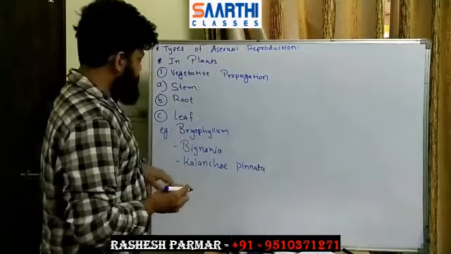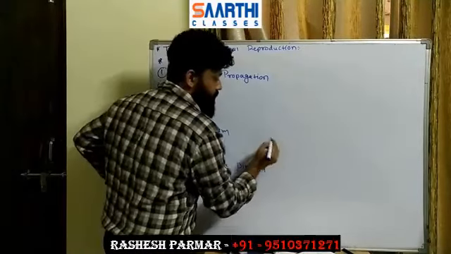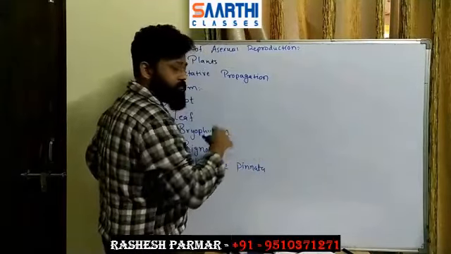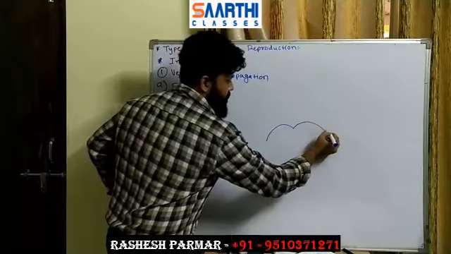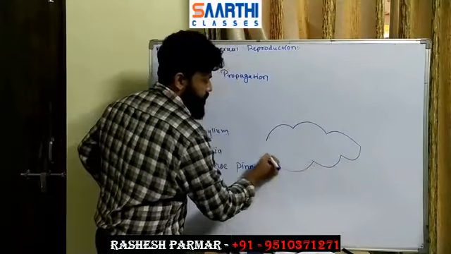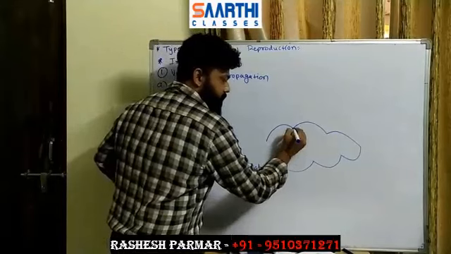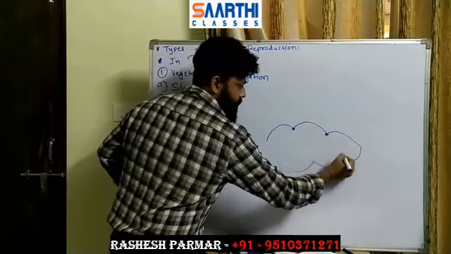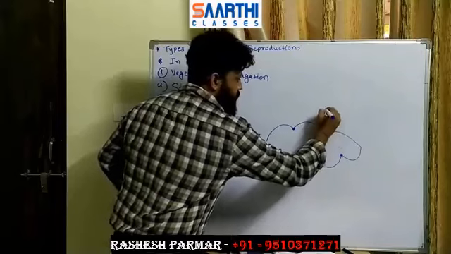In these plants there are foliar buds present on the surface of the leaf. Let's say this is a particular leaf and it has buds present on the surface; these are known as foliar buds.